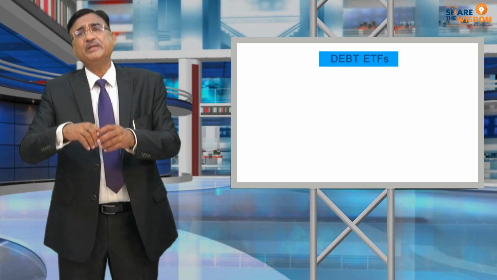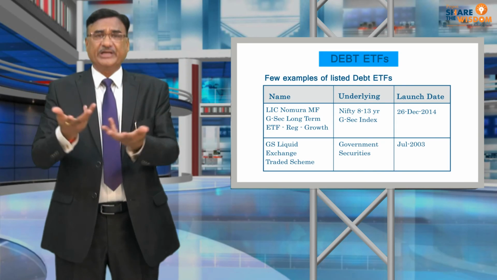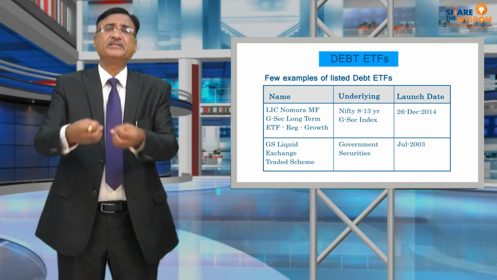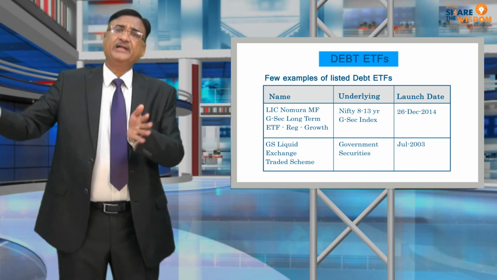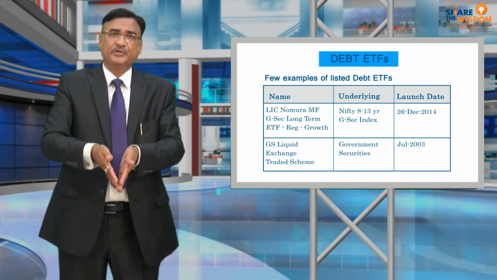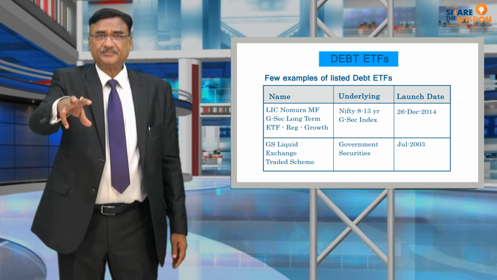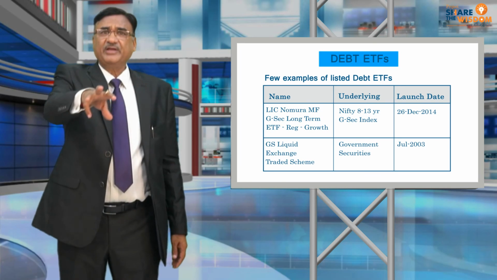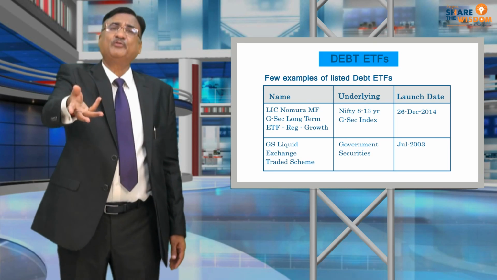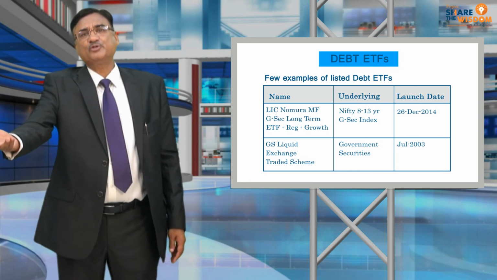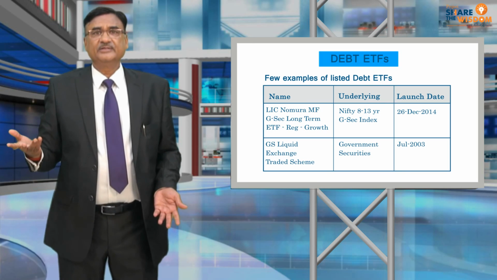Debt means securities which are debt securities, 5%, 7%, 8% return securities, and that gets combined into one unit as an ETF, and you have a composition of debt. Similarly, in the case of equity, you have a diversified portfolio in one ETF. So no risk of one stock going up or down. It balances.